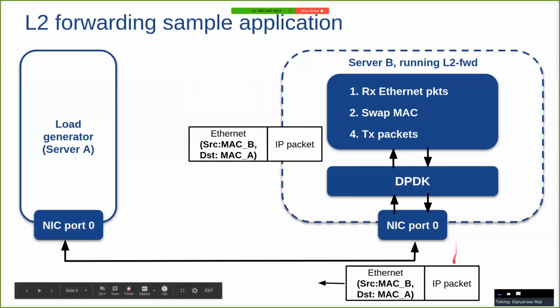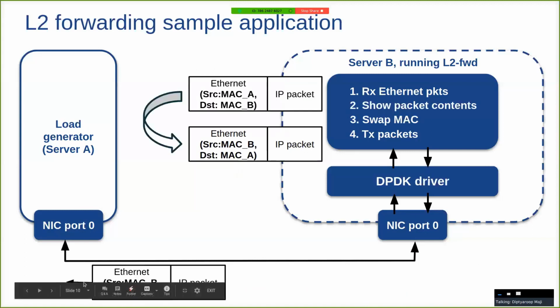Once this packet is out of the NIC, we can see here that the source is MAC B and the destination is MAC A. It reaches server A, that is the load generator. So this is the summary. The MAC addresses are swapped, the Ethernet header is manipulated, and then those packets are sent back. And this process is continued. The load generator will continuously send packets. Our application will swap the MAC and then return those packets.